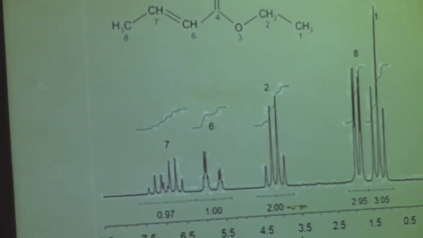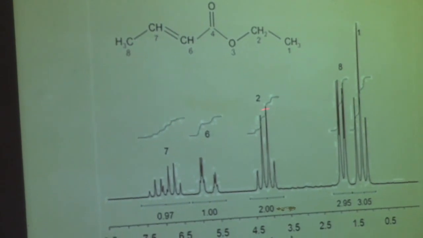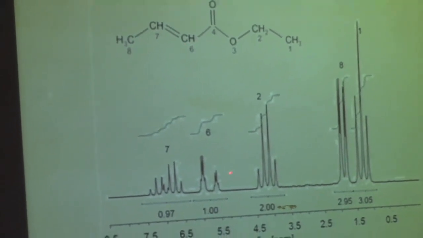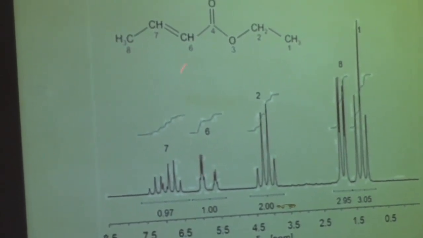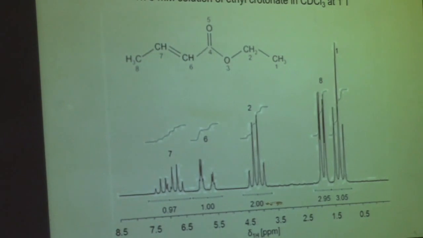So at least as a physicist, I would have problems to say that. But you would know that the CH2 groups you would expect over here, and the CH groups you would expect at higher chemical shifts. But again, it would be hard to say if group 7 or group 6 is at higher and lower values.